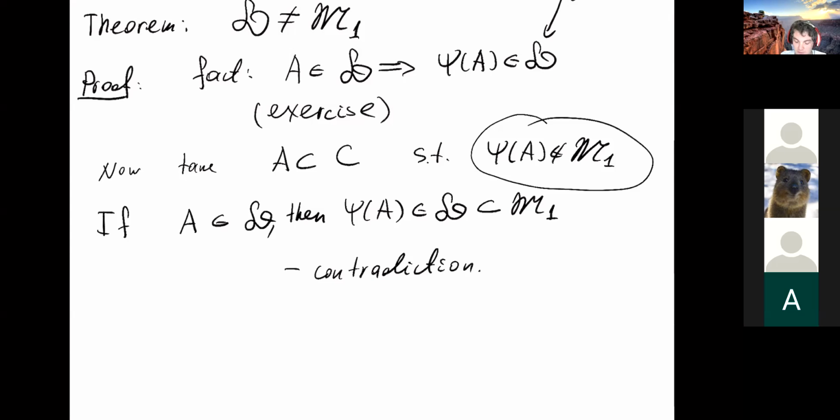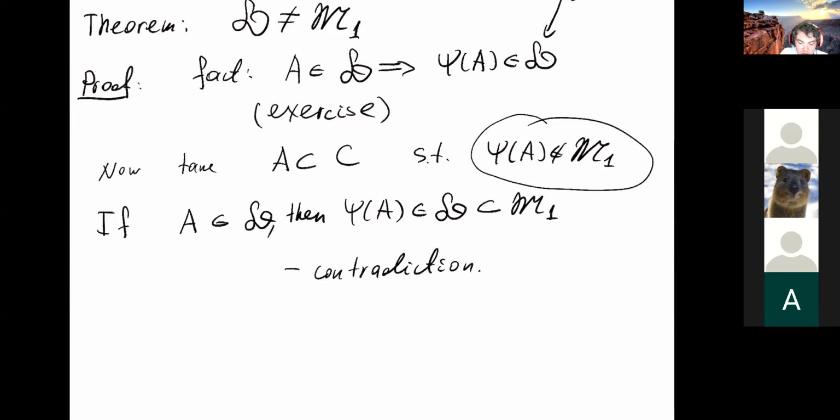So how do we know that we can have an A contained in C that's in our Borel sigma algebra? We don't. But that's the point. We definitely know that A is in the Lebesgue sigma algebra, because Lebesgue measure is complete, and so if A is a subset of measure 0, then A is in the Lebesgue sigma algebra.